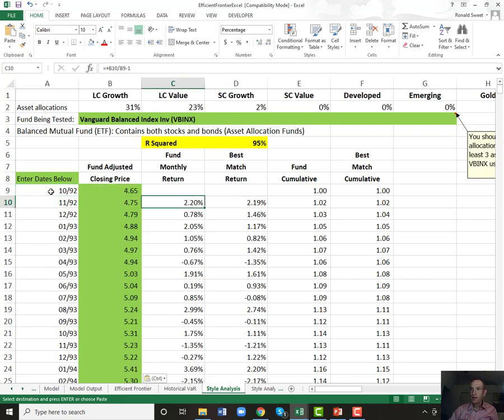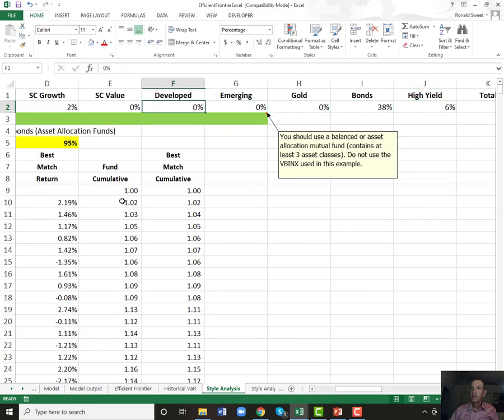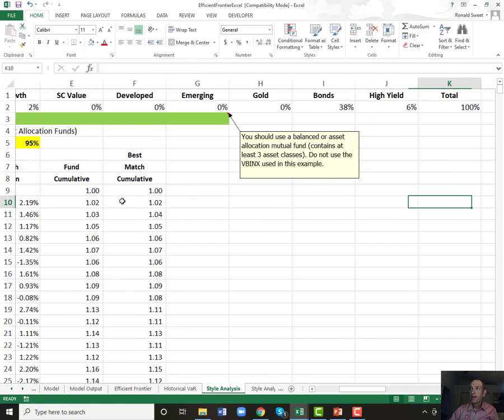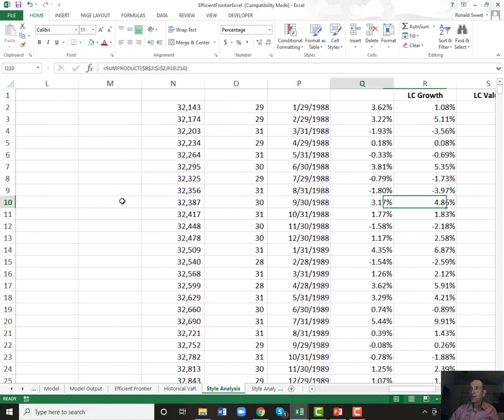And what we're doing is we have your fund's return. Your fund's return is simply the adjusted value this month divided by the adjusted value last month minus 1. So this fund made 2.2% this month. The best match, using whatever allocation is up here, was over here with that allocation.